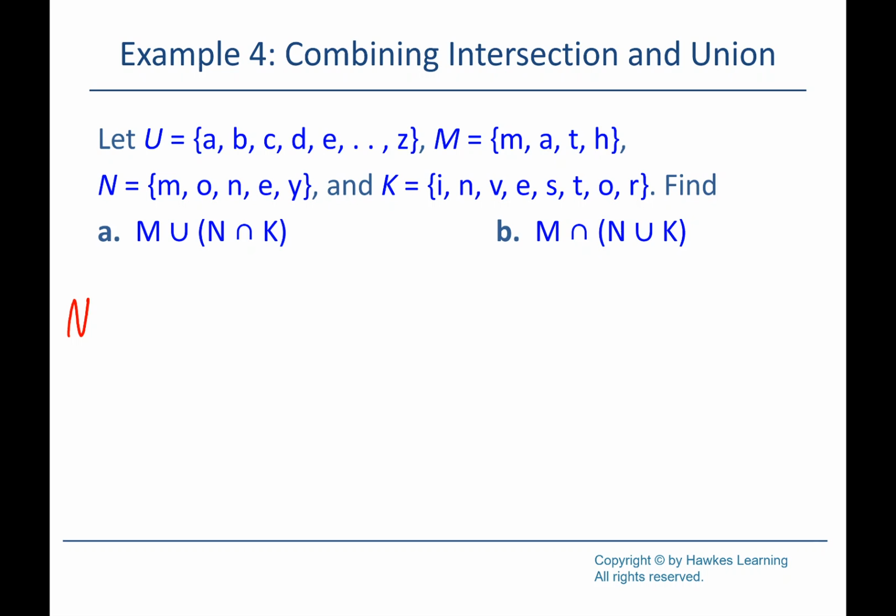So N intersect K. We're looking at these two. We just want the letters that are in both sets. What do you see that's in both of those? Oh, yeah, O was in both.